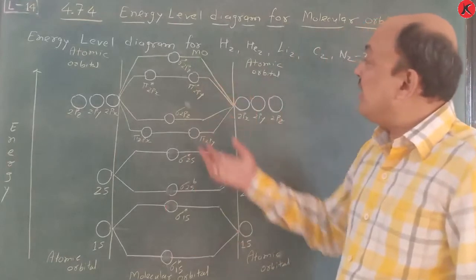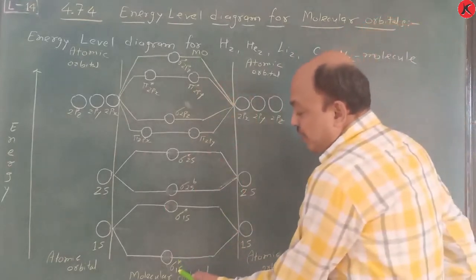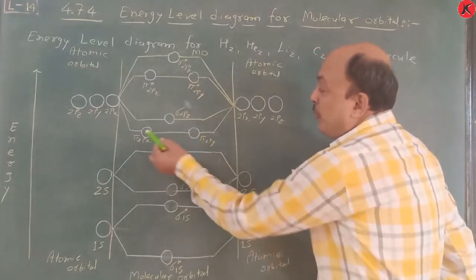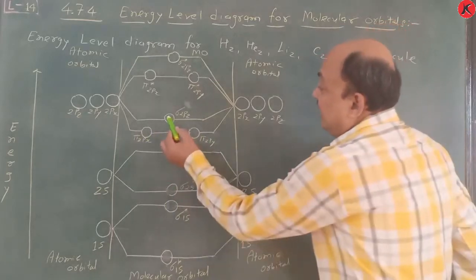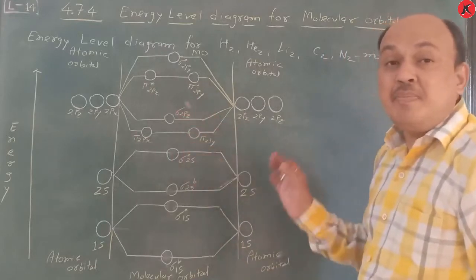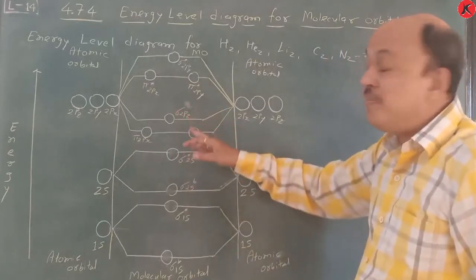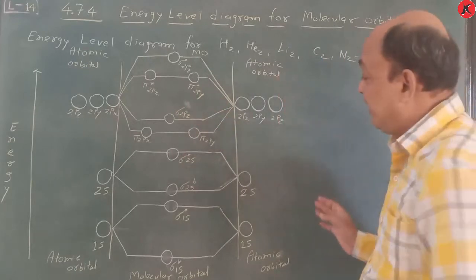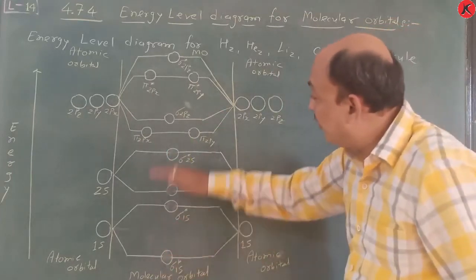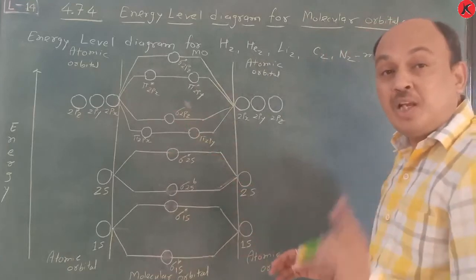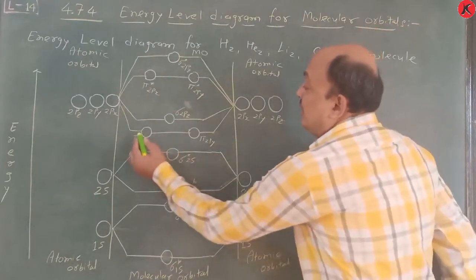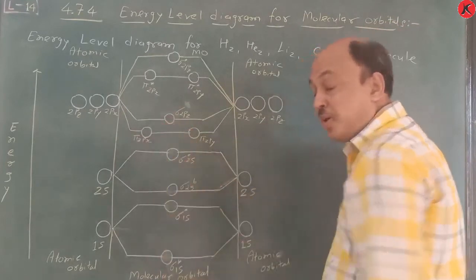Our criterion is that sigma 1s, sigma 2s, pi 2px and pi 2py, which have the same energy, and sigma 2pz are the lower ones, and they are considered bonding molecular orbitals. This is a bonding molecular orbital, this is bonding, this is also bonding, this is also bonding.